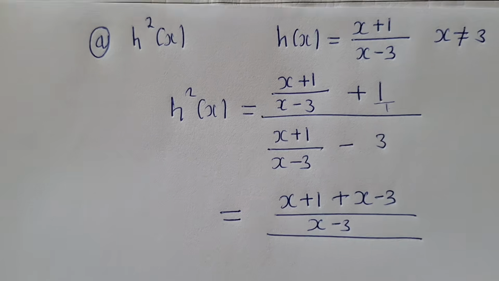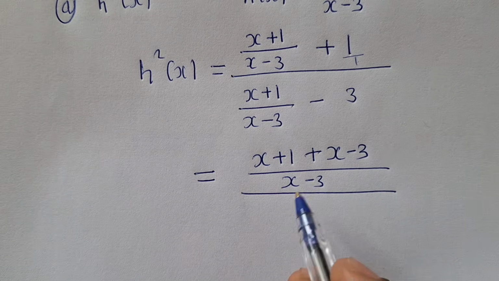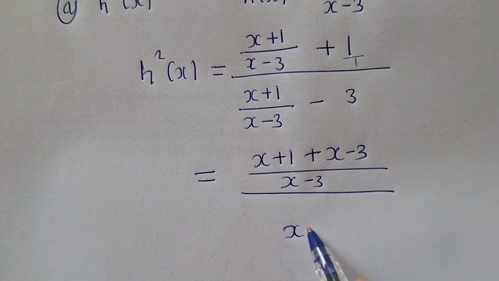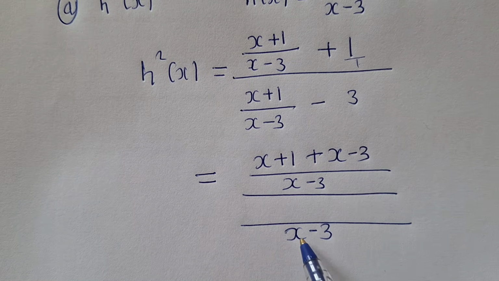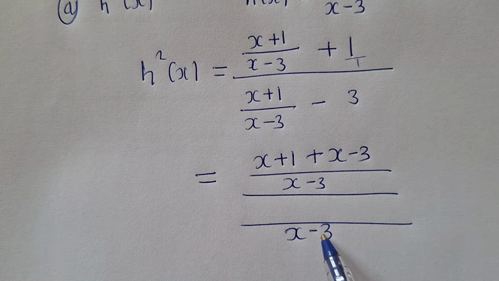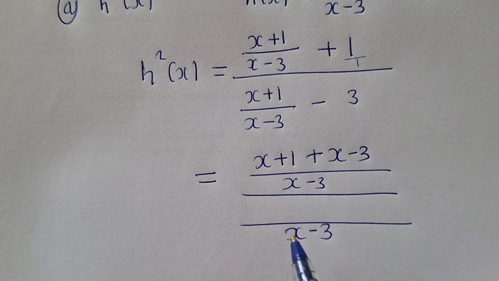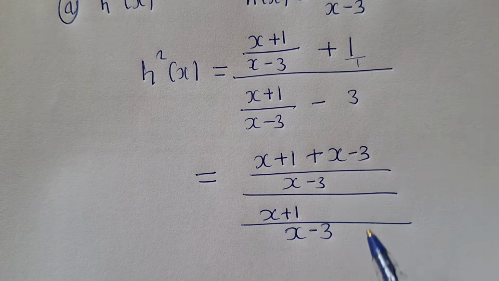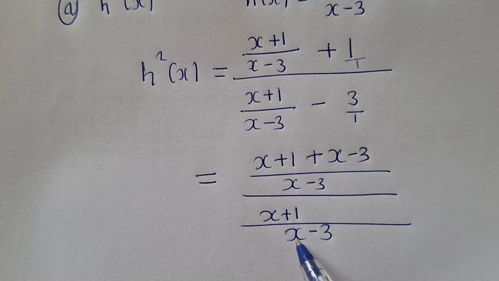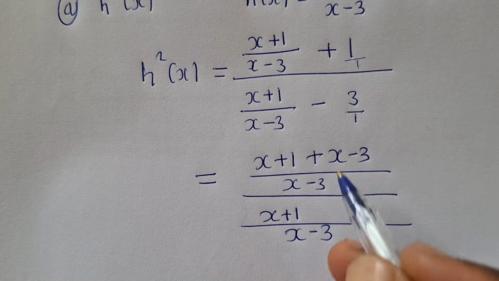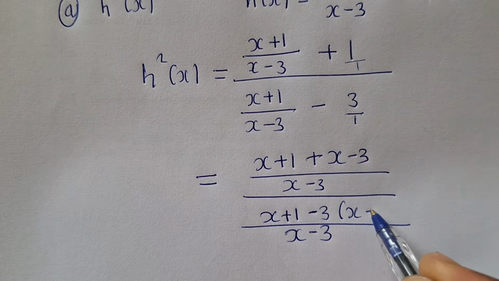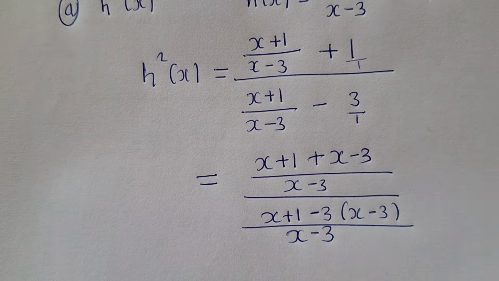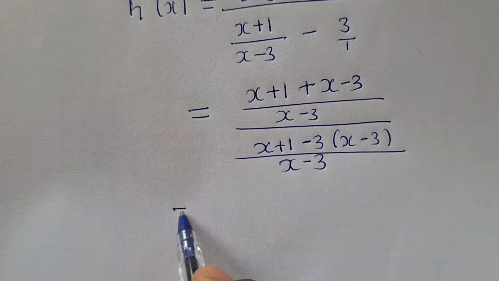We come to the bottom one. We shall say lowest common denominator, it's x minus 3. And then we say x minus 3 into x minus 3, it's 1. 1 times x plus 1, it's x plus 1. There is a 1 here. 1 into x minus 3, it's x minus 3 times negative 3 here, it's negative 3 multiplied by x minus 3. So we now simplify.